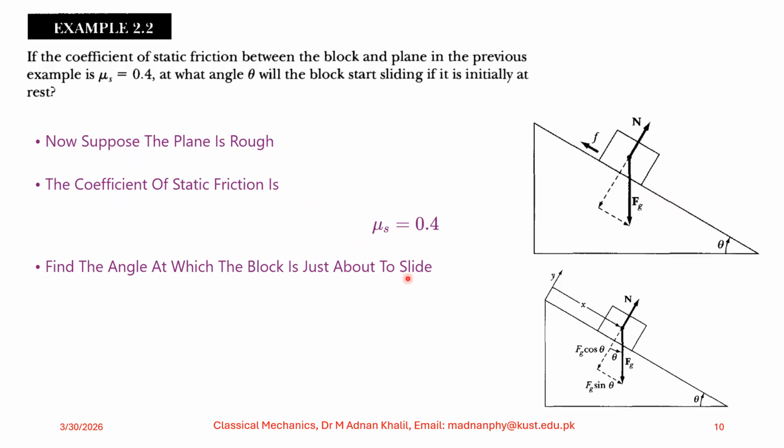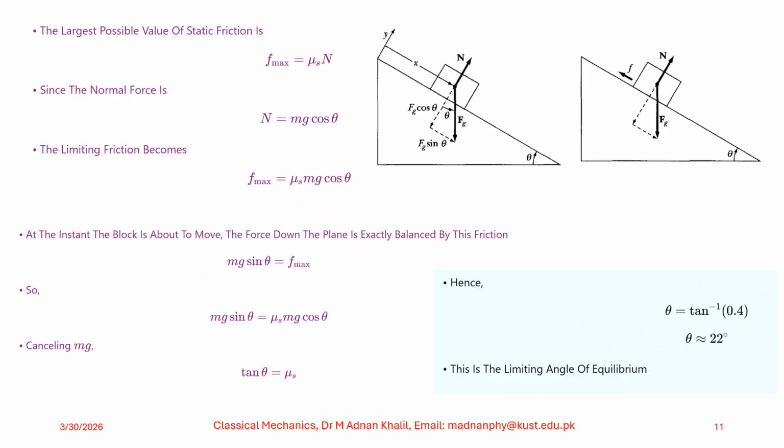Now we need to find the inclination at which equilibrium along the inclined plane can no longer be sustained. The largest possible value of static friction, F max, can be expressed as mu s times the normal reaction, where mu s is the coefficient of static friction.